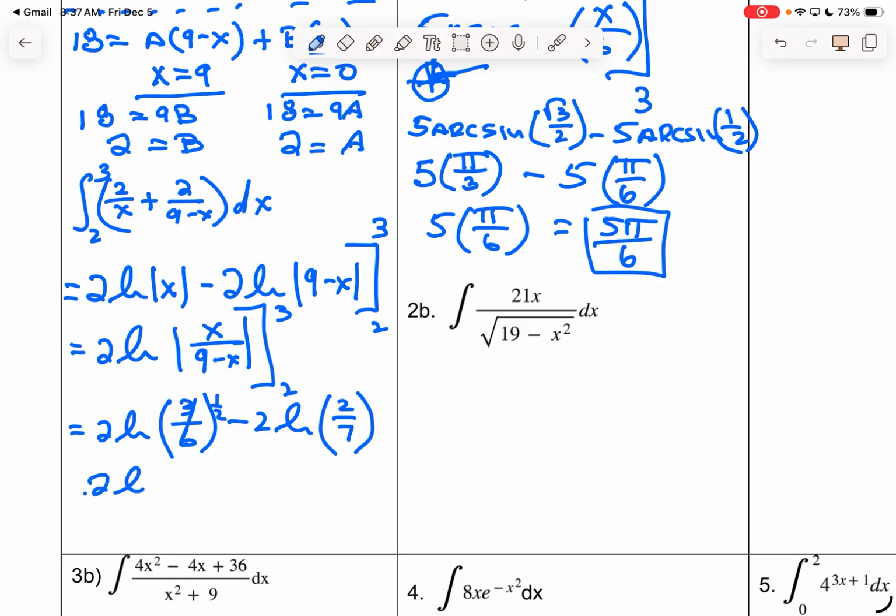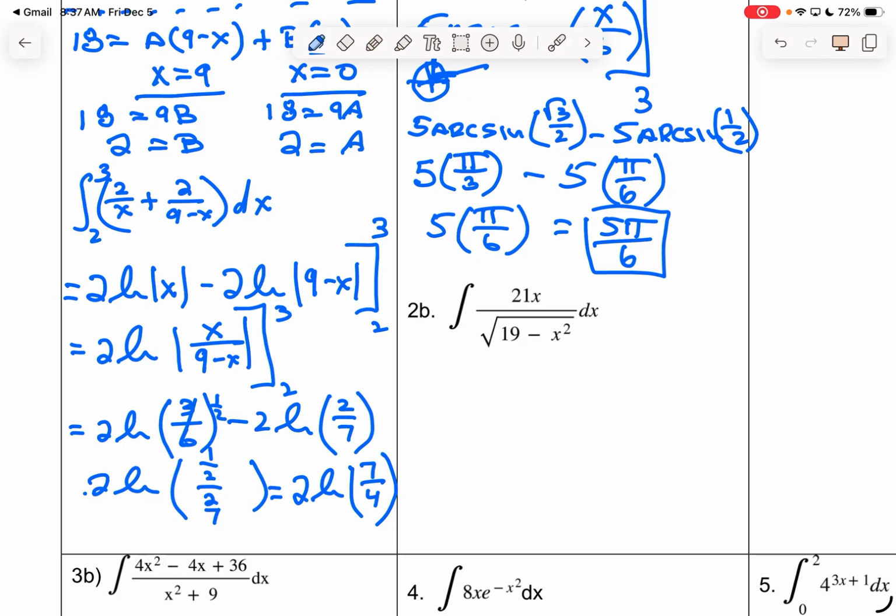So I'm going to get 2 ln, but I'm going to end up dividing them. If I do 1 half over 2 sevenths, what does that become? 7 over 4. So it's 2 ln of 7 over 4. All right. I know that's a lot, with the partial fractions and evaluate.